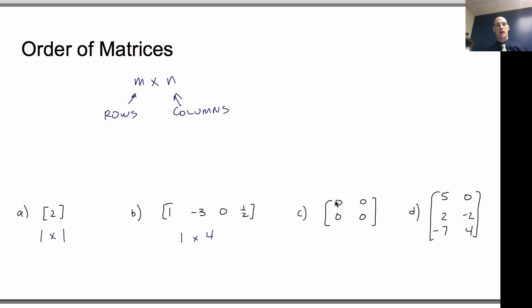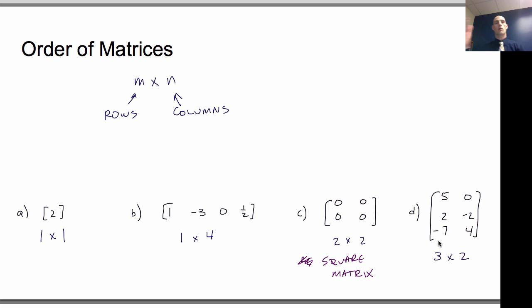In C, I've got 2 rows and 2 columns. This one will be known as a square matrix, square because the number of rows matches the number of columns. In this one, we've got 3 rows and 2 columns.